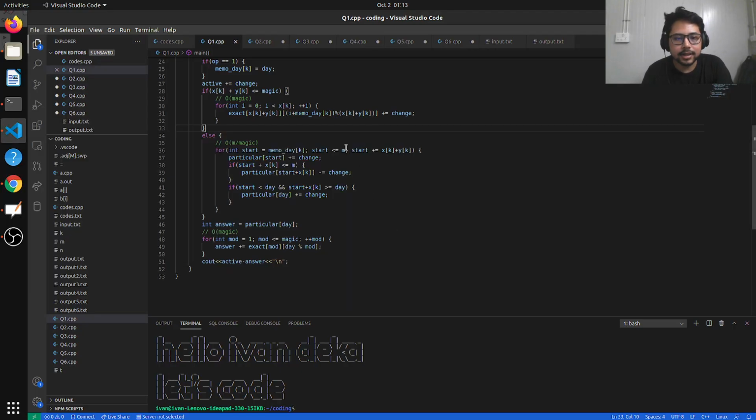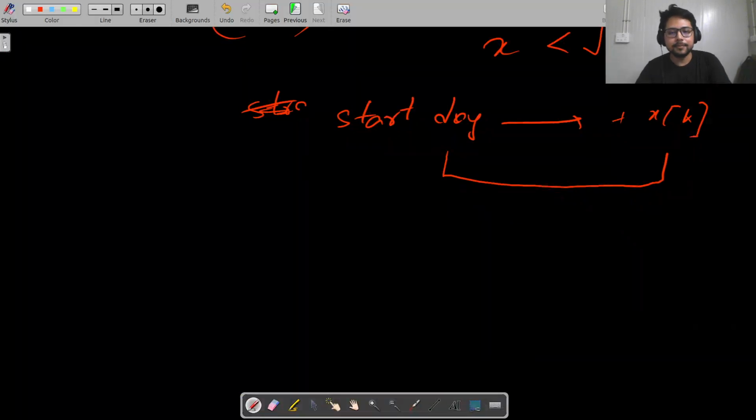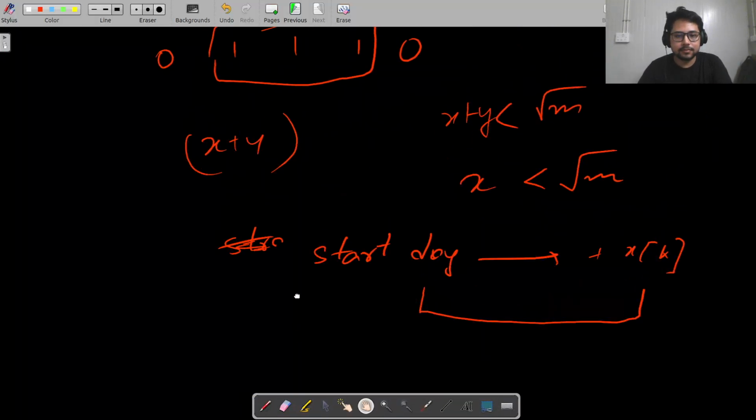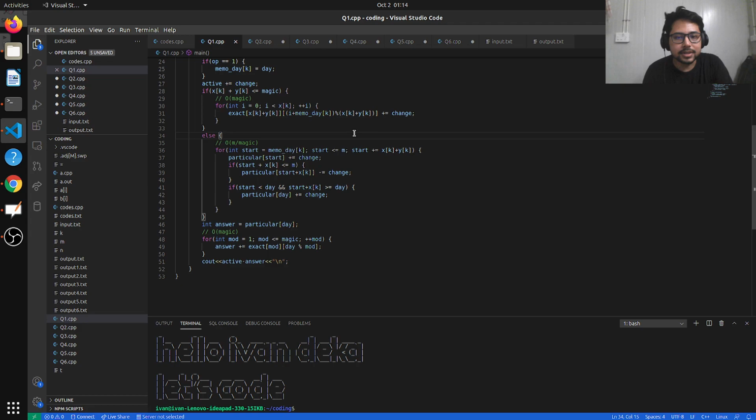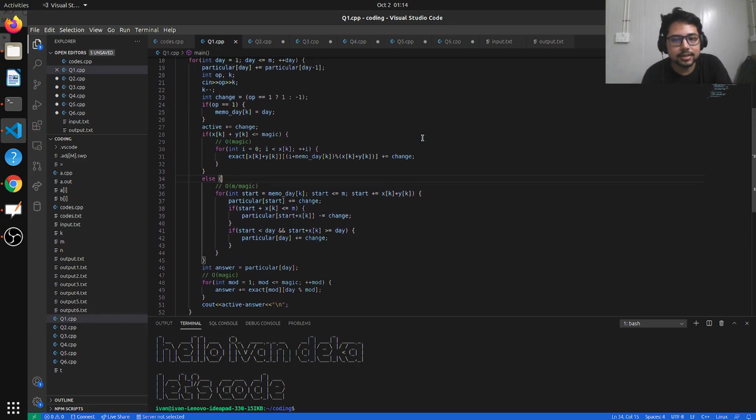Up till that day we find a modulo and keep it, and do the same thing as this part. If we have an inclusion, meaning a train is added, we do a +1, otherwise we do a -1. Here you can see the change is either +1 or -1.